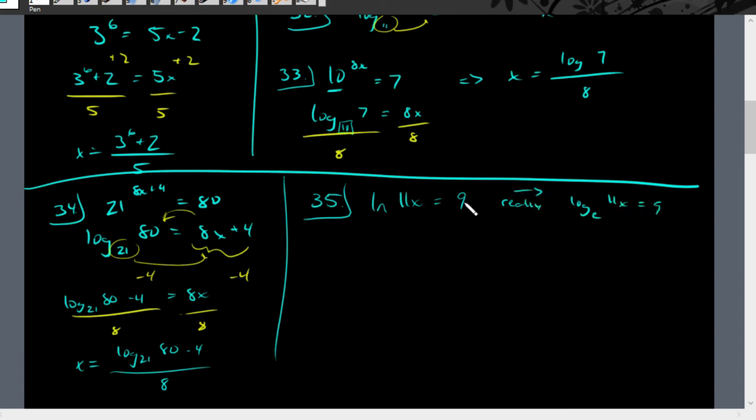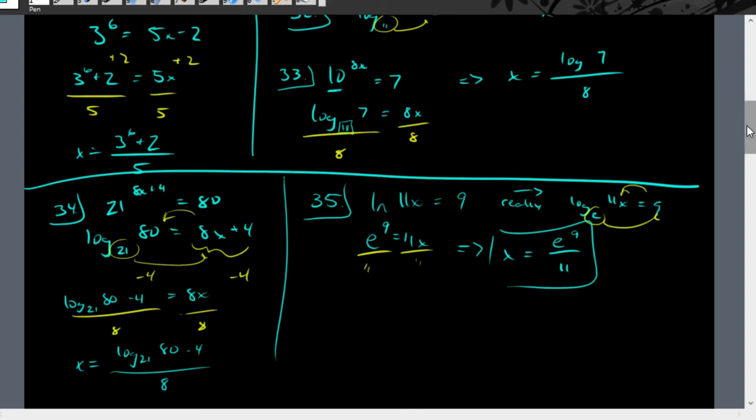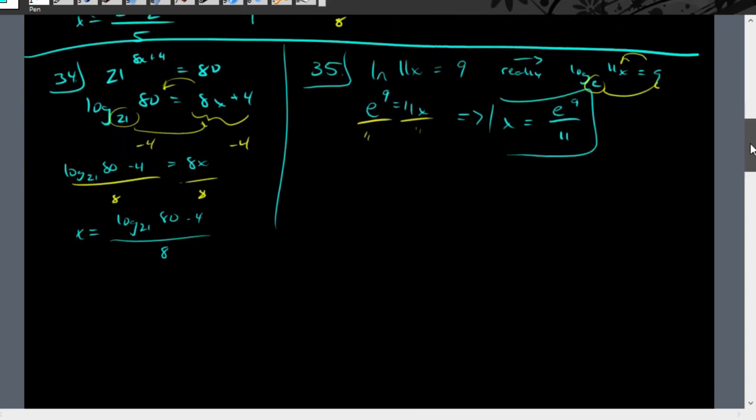All right, so if you were to convert it, it'd be e to the 9th power equals 11x. So that's what we're going to write. e to the 9th power equals 11x. Divide by 11, and you've got x equaling e to the 9th over 11. Good job.